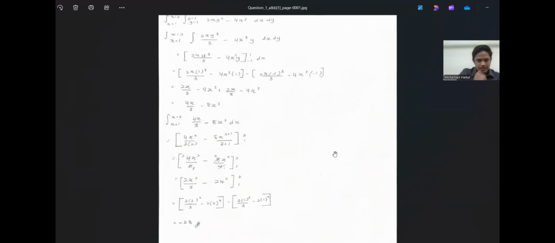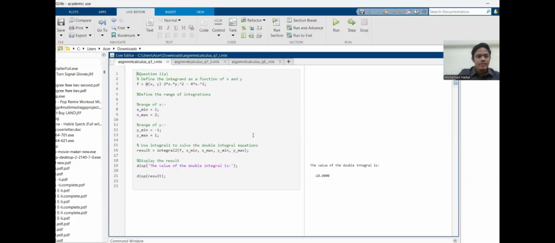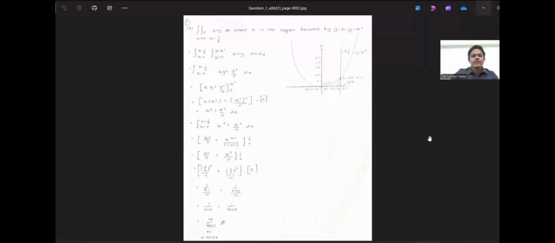So from this answer, we can compare with the simulation using MATLAB, and we can see the answer is also -28. So the manual calculation and the software calculation are similar, and the answer is correct.